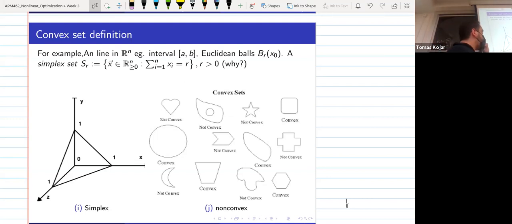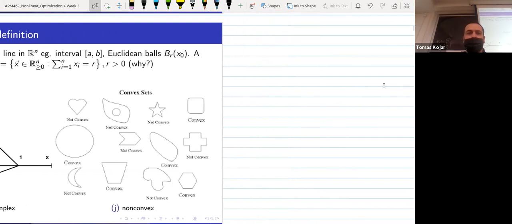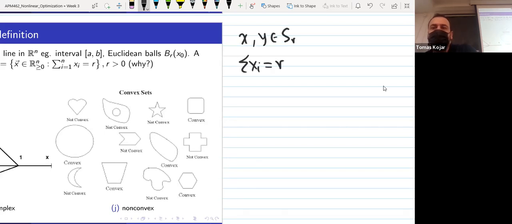Okay, so let's prove that it's convex. Let's do that on the side. What do we mean? Take an x and y in S_R. So the summation of xi is R, and the same thing is true for the summation of yi.